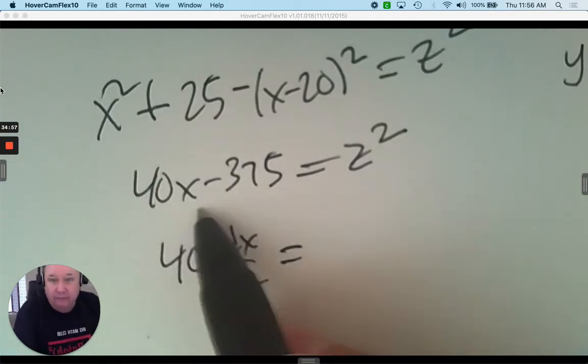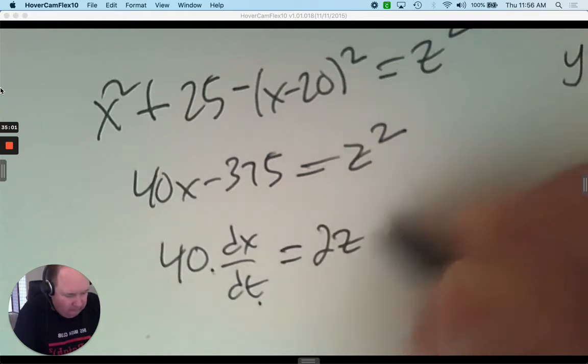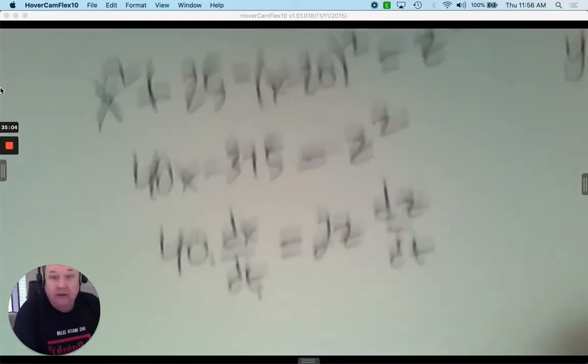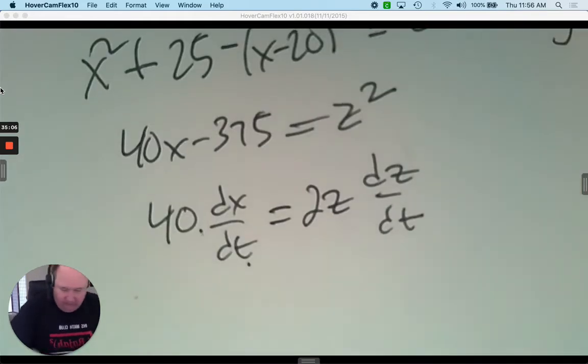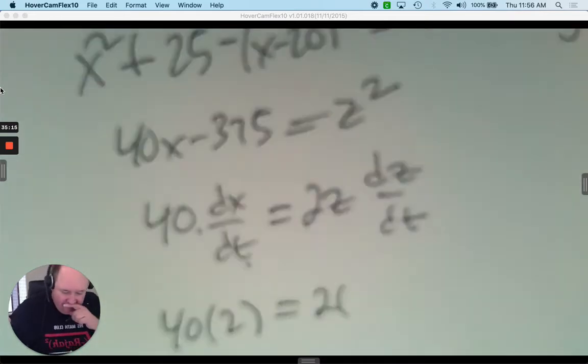So the derivative of 40x is 40 dx/dt. That's 0. This is 2z dz/dt. So I have a rate for x. So dx/dt, I'm given that. That's 2.